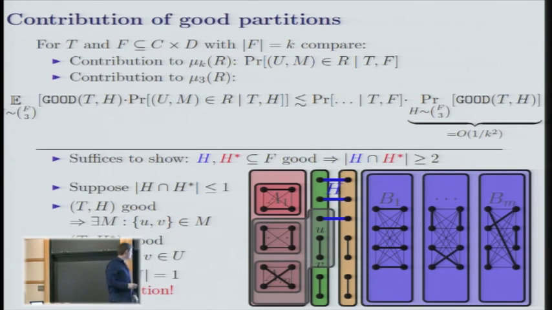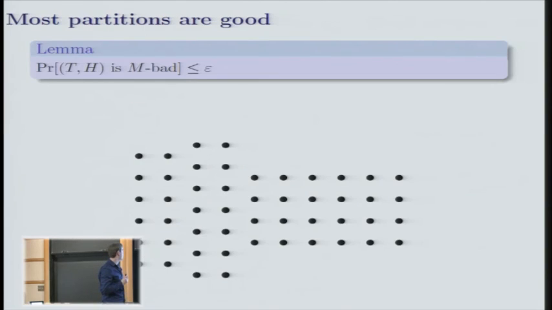Okay, in the remaining 3 minutes or so, I can talk a little bit about the technicality, just the intuitive idea. Or do you have any question? Okay, let me argue why there's actually a small probability that a partition and a triple H is going to be bad with respect to the M part.